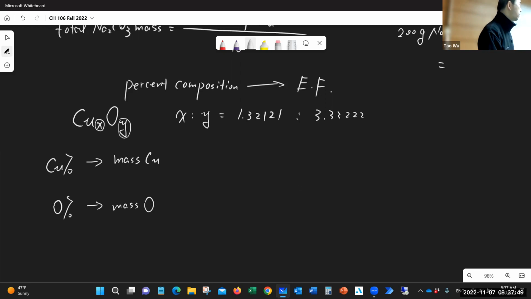Last time we talked about the easiest way to figure out the mass of the copper, which is just to assume you have 100 grams of the copper oxide. Why?